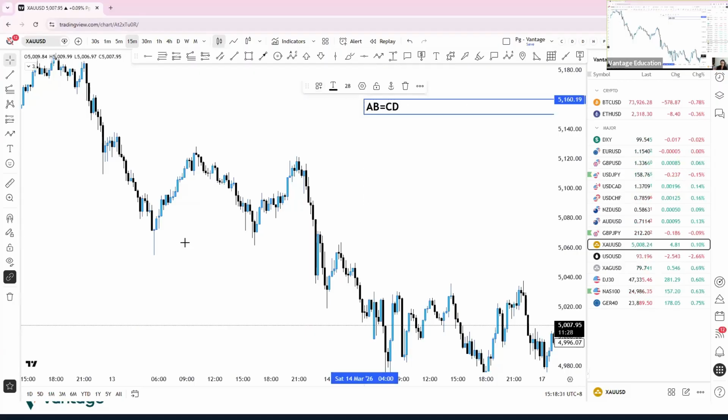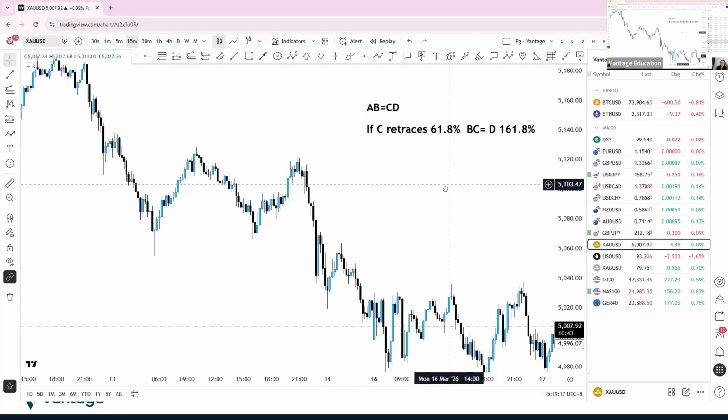Remember, guys, if C retraces 61.8%, the BC extension, which equals the D point, is going to be 161.8%. Or a 100% projection.